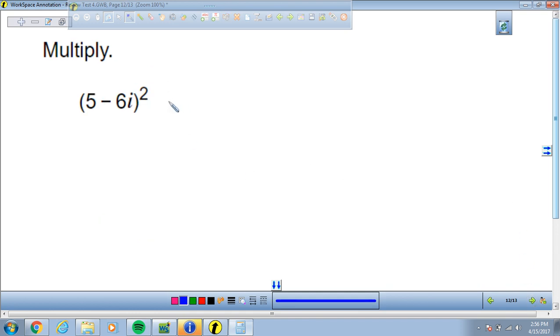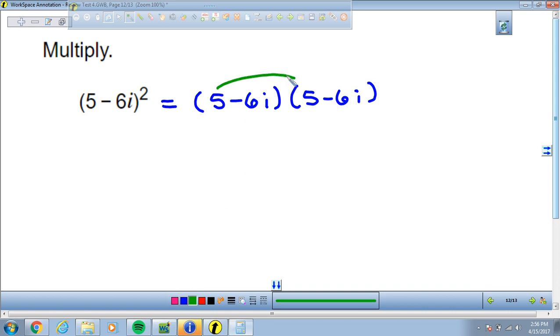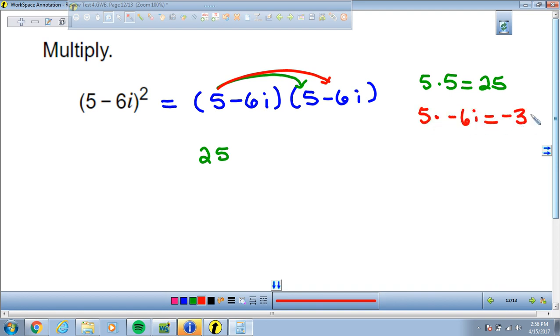This one, you're going to expand it. Write it twice and do the FOIL method. So kind of like the previous one. 5 times 5, it's going to be 25. That was an easy one, right? Then 5 times negative 6i, it's going to be negative 30i.